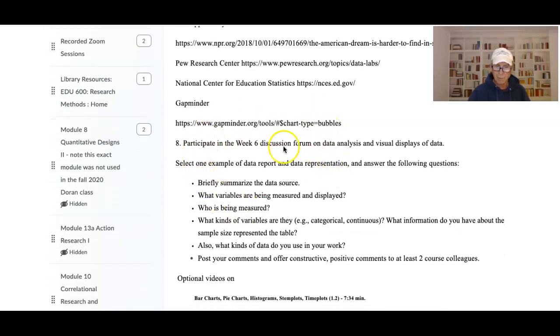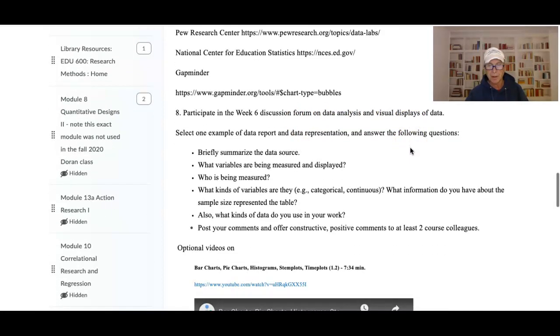So I'd like you to participate in the week 6 discussion forums, which is really on the data analysis and visual displays. What I'd like you to do is select one example of a data report or data representation and answer the following questions.